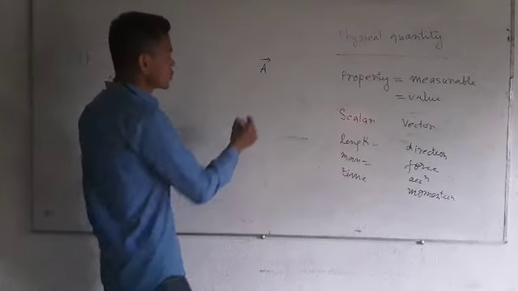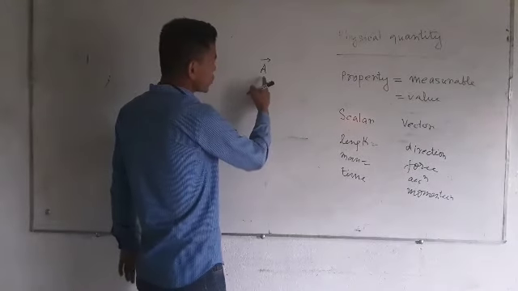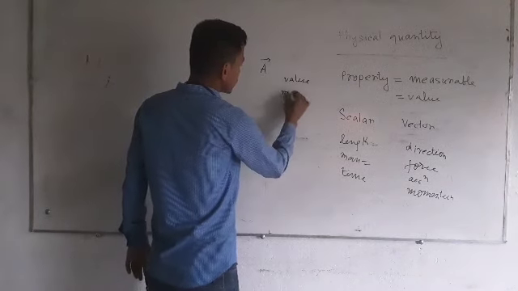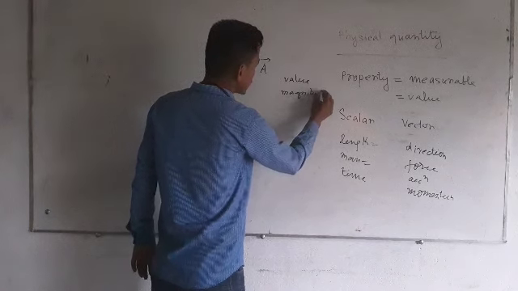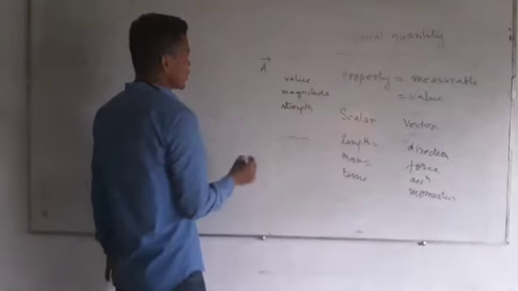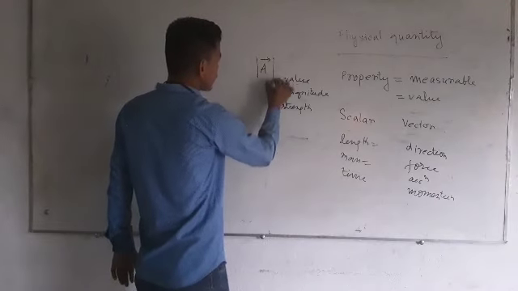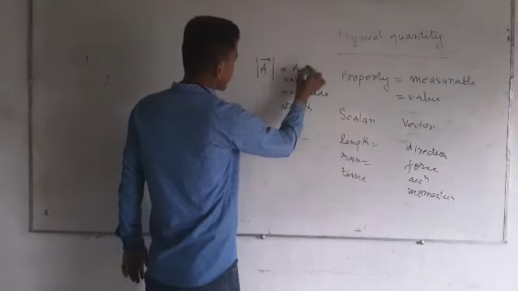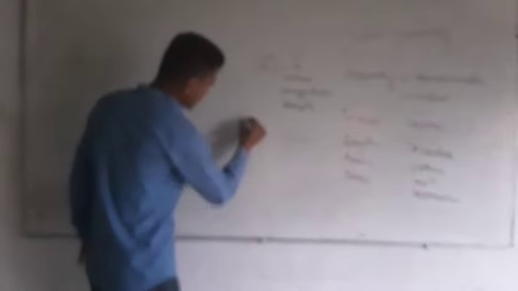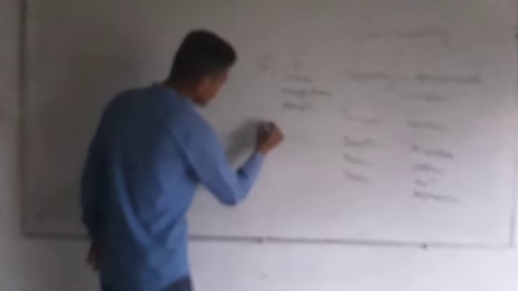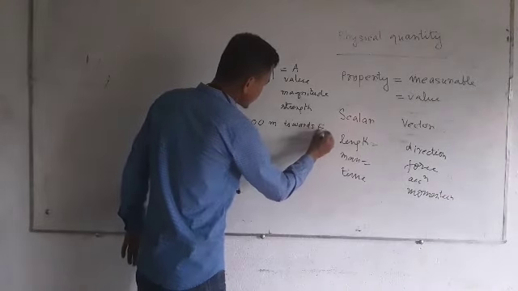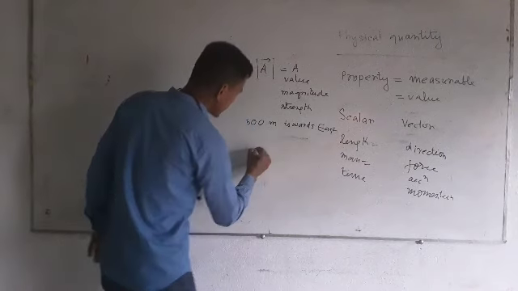This will represent the vector quantity, and to represent its value, that is magnitude, or its strength, we will take the absolute value of it, or it will only be represented by A. If I represent a vector, say 500 meter towards east, a vector towards east by this arrow.